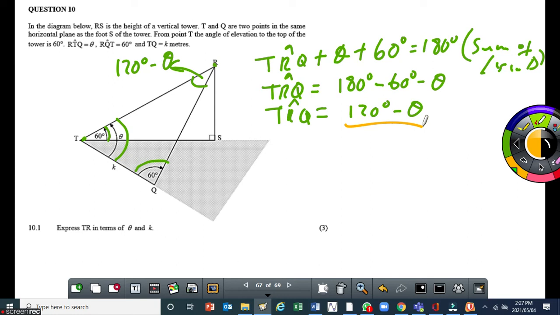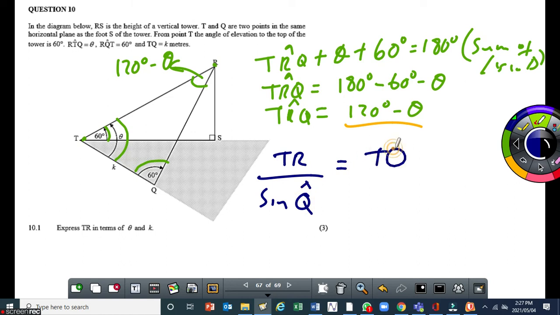Then, if I want to find the length of TR, it means that I have to use the sine rule. If I use the sine rule, I have to write TR over sine Q is going to be equal to TQ over sine TRQ.